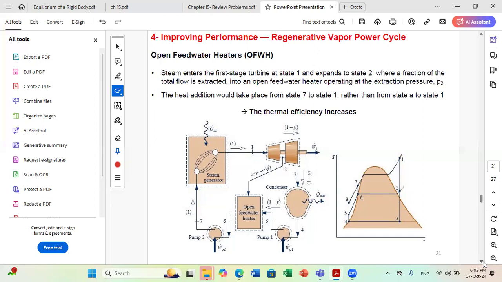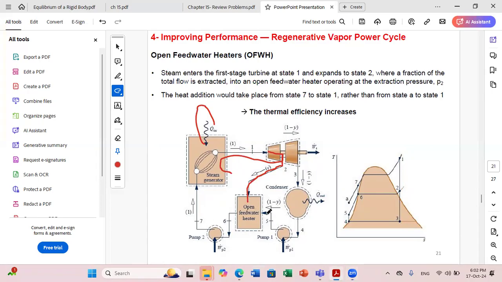What is the idea? For example, here, instead of taking completely all the fluid expanding from the first stage turbine and taking it to the boiler, okay, which will add a certain Q dot N, the idea is that I don't want to add that much Q dot N, but I want to take a fraction of this fluid that can help me in the heating process, okay, from 5 to 6.